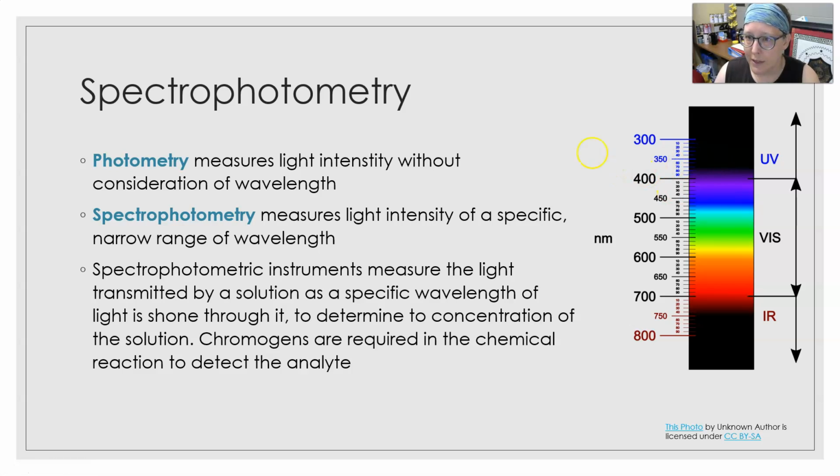So in the 400 nanometer range, you're going to have the purple end of light. In the 500, it's going to be blue-green. 600 nanometers is in the yellow-orange range, and 700 nanometer is going to be in the red range.